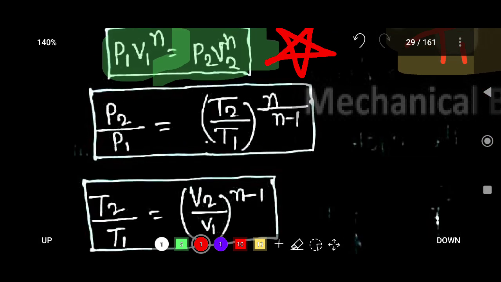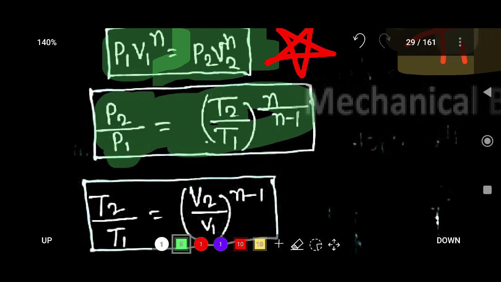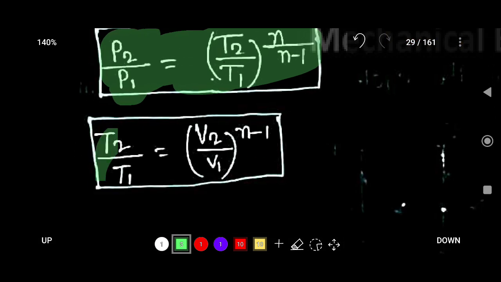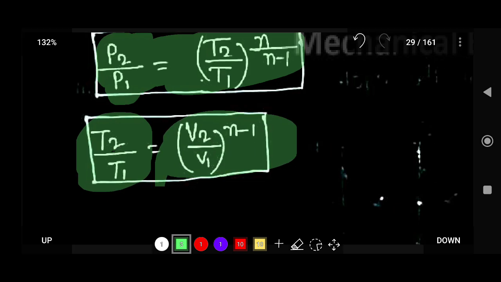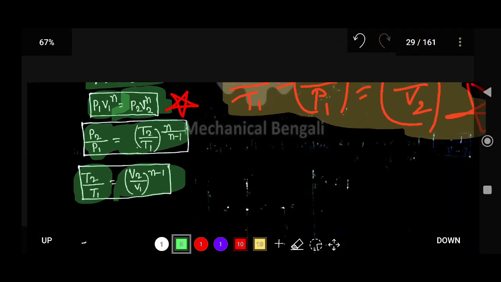You get formulas the same as the adiabatic process. P2 by P1 equal to T2 by T1 to the power n upon n minus 1, where n is the polytropic index. And T2 by T1 equal to V1 by V2 to the power n minus 1.